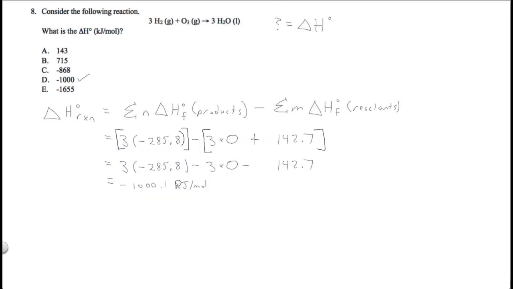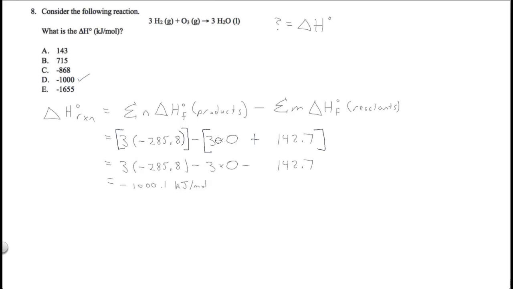Here is the complete math for using this formula. In this line, we write brackets around the sum for the products, and we write brackets around the sum of the terms for the reactants. Then in the next line, we can simply drop the brackets around the sum for the products. However, we don't just drop the brackets around the sum for the reactants.